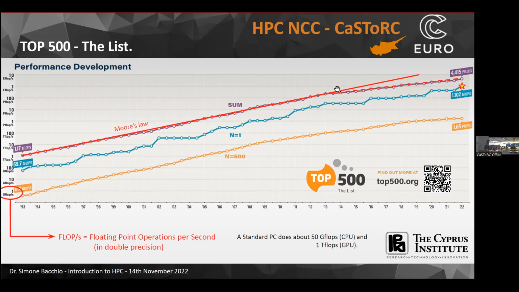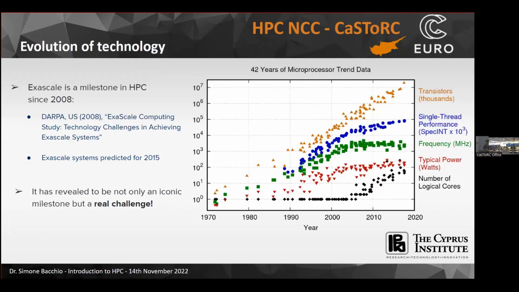And then you see that there has been a change of slope, but still it's an exponential growth, with another slope that does not follow Moore's law anymore. It's about 1.5. And I will tell you more about why this changed. So why has there been this change of trend?